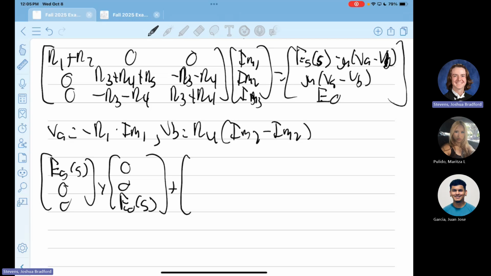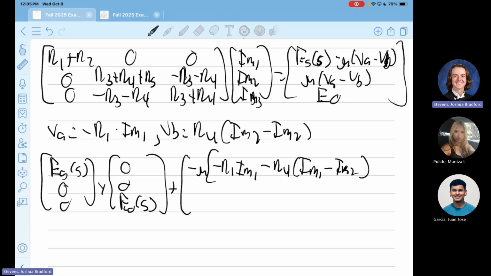All right. Now I'm going to put everything together. So then we have negative mu times VA, which is negative R1 times IM1. I'm going to make that a bracket. IM1 minus R4 times IM1 minus IM2. Does everybody agree with how I did that?